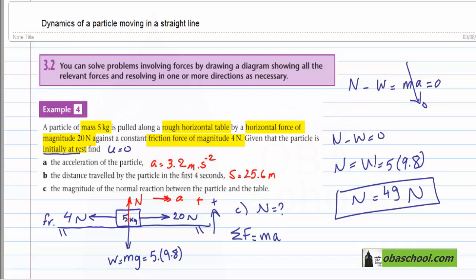Then we can calculate the distance in a certain time interval while knowing the initial velocity u, and we can calculate unknown forces along any direction if we can arrange a number of equations that's equal to the number of unknowns. In this case, this was the normal reaction force along the y-axis, and we calculated it using one equation and one unknown.